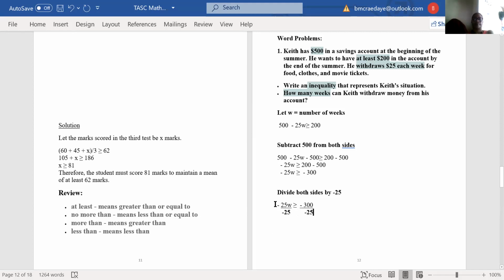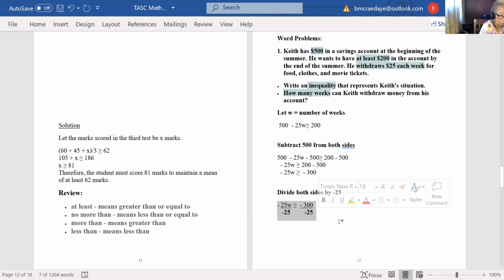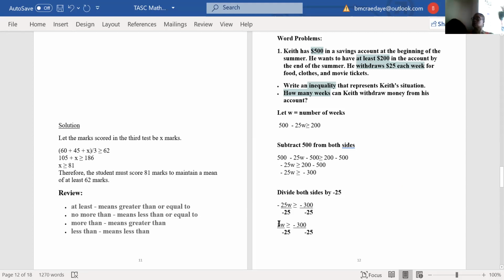W. That's right, W. Negative 25 over negative 25 gives you 1. So let's just copy that. And we just have W left, so let's take that out. What's the negative 300 divided by negative 25, Vanessa?